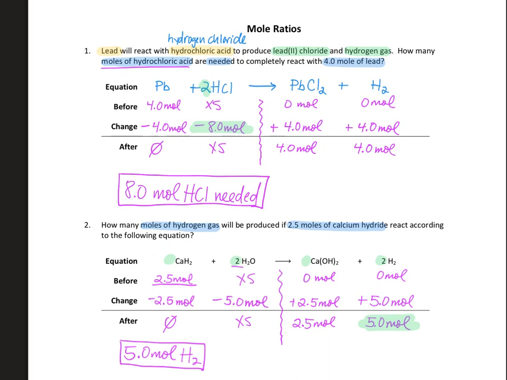So for CO2 from the balanced equation, I've got 12 moles of CO2 that are going to be created for every 15 moles of oxygen that are consumed. And again, X moles of CO2 for every 0.45 moles of oxygen.